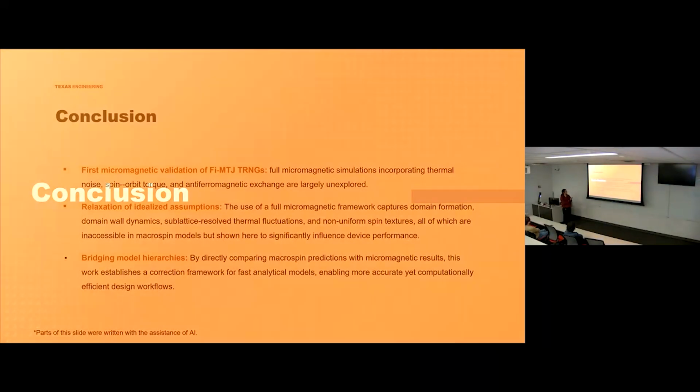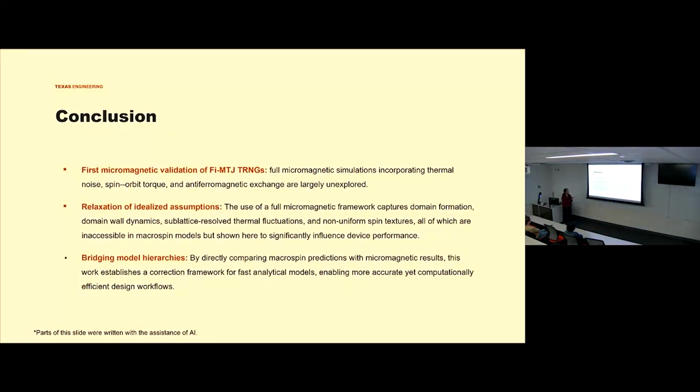In conclusion, this is the first, to my knowledge, micromagnetic validation of ferrimagnetic tunnel junction true random number generation, which incorporates all the things that the macrospin model can't handle: domains, sublattice-resolved thermal fluctuations, and domain wall dynamics.